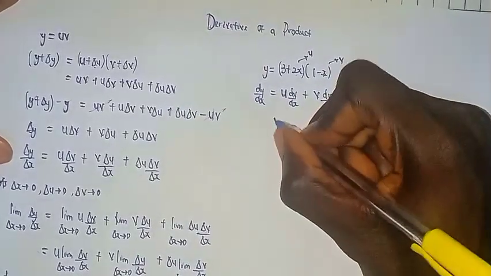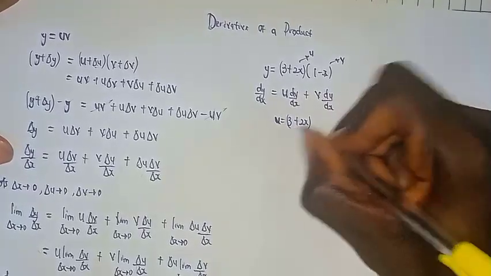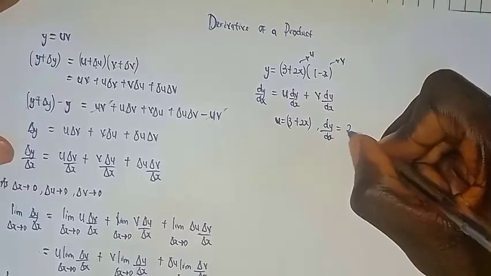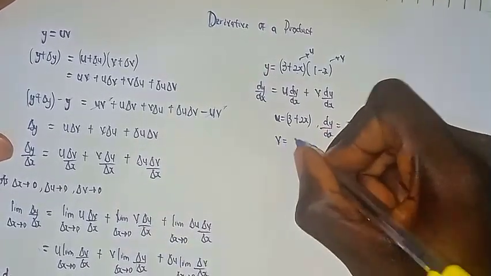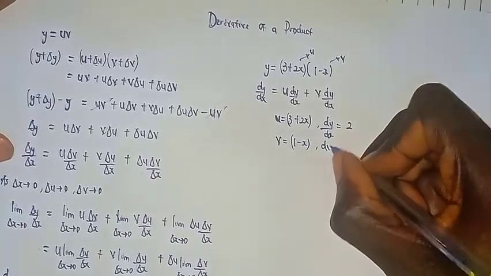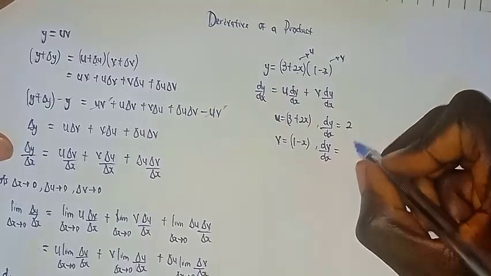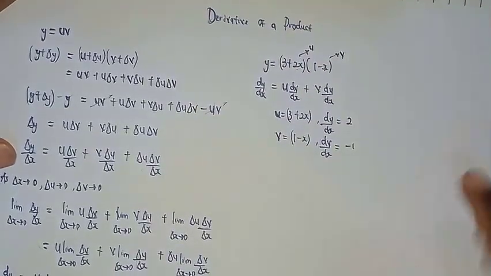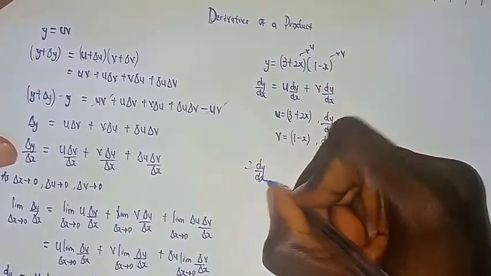So u is this 3 plus 2x, and then du over dx becomes 2, and then our v is 1 minus x. Therefore our dv over dx becomes minus 1.